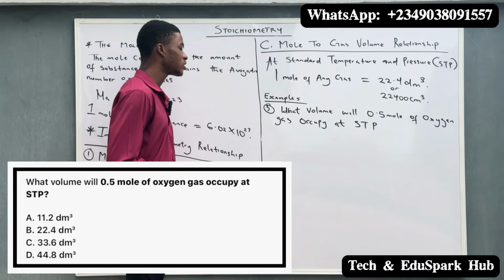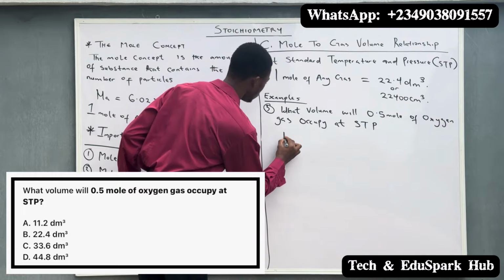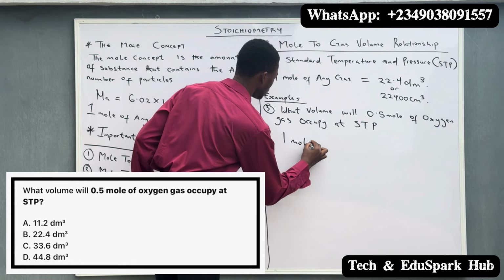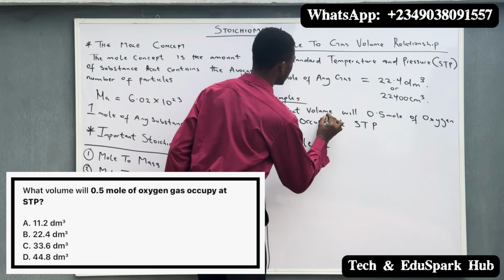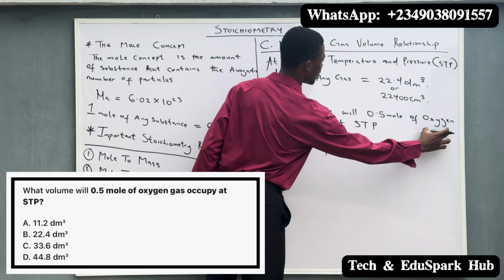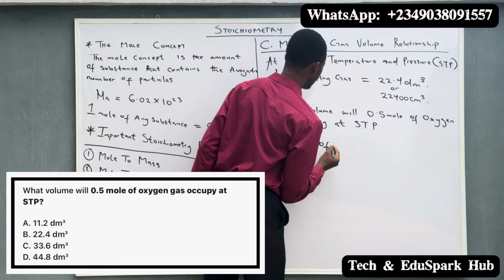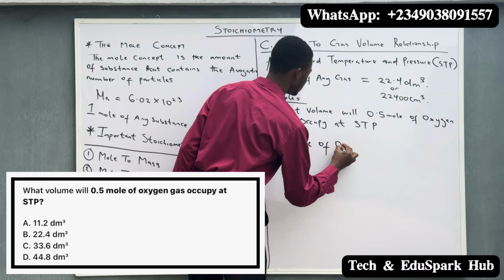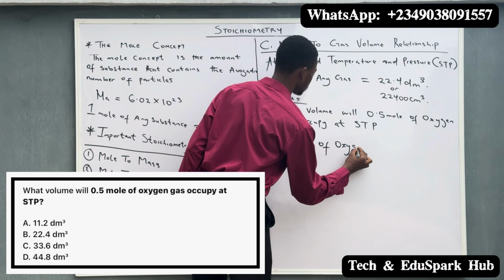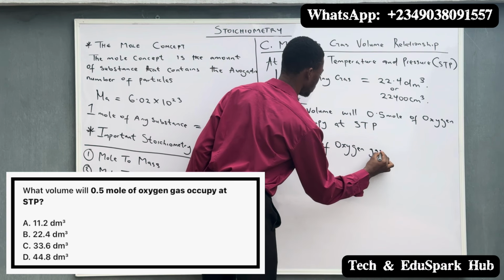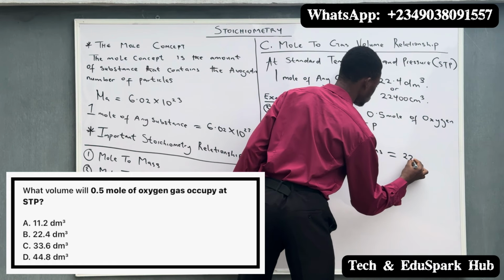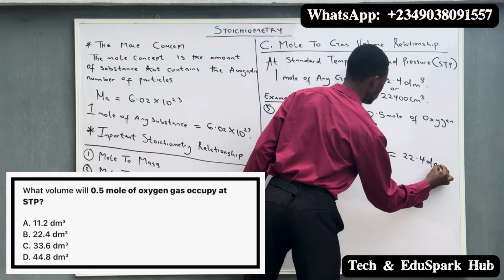So in order to solve questions of this type, we know that 1 mole of any gas. So instead of writing any gas, we are given what we are asked to work with in this question, which is oxygen. So we can just write 1 mole of oxygen gas is equal to 22.4 dm cube.